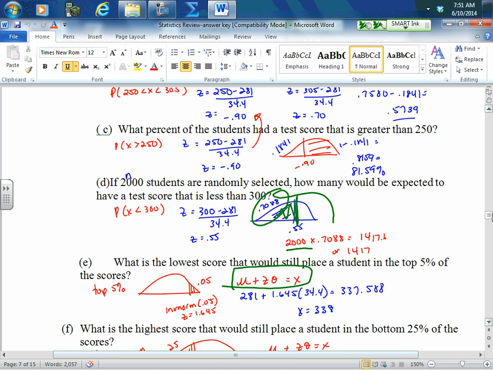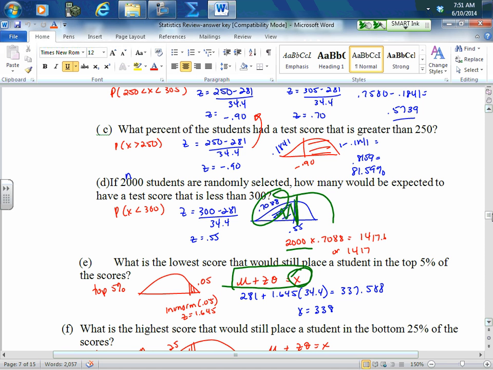Yeah, it's on your sheet right next to your z-score. It's just the transformation of your z-score to find the x value.